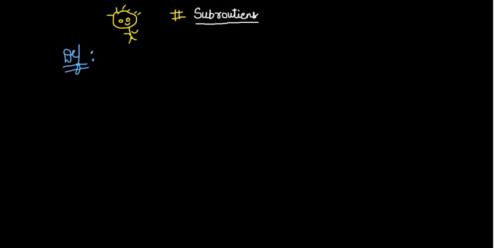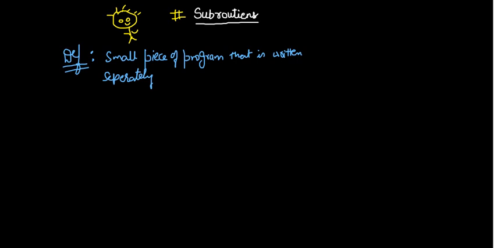From the definition, it's just a small piece of program, written in the programming languages that we use, that is written separately to reduce the overhead of rewriting them again and again.